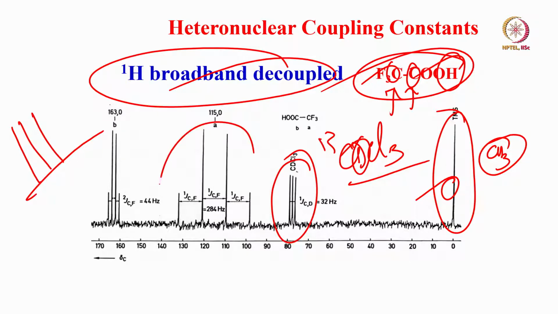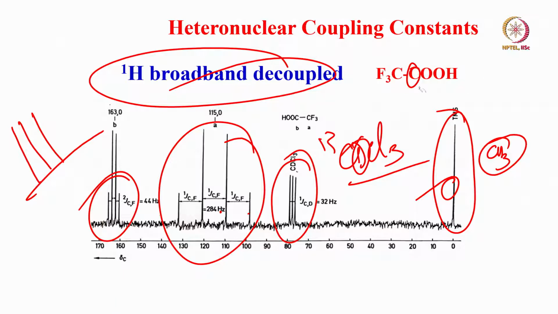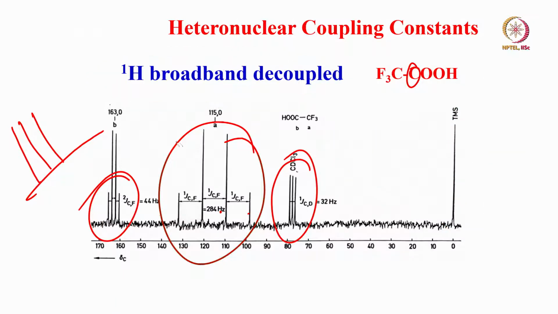But now look at this one. This is CF3. In this case, we get a large quartet. Why is this quartet coming? There is another quartet here with a small separation. There are 2 quartets coming. What are they? Why are they coming? Remember, this carbon is directly attached to 3 fluorines here. So what is going to happen? It is exactly similar to what you see in proton NMR, like proton couplings.